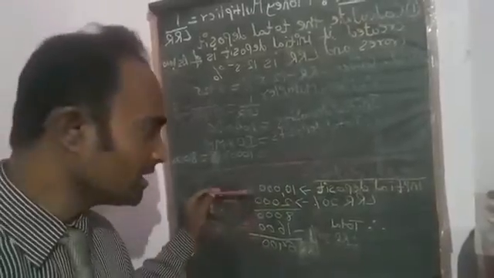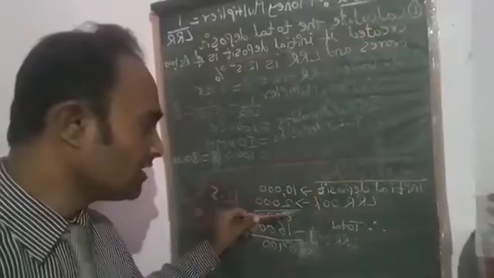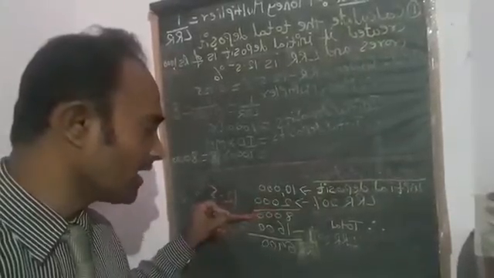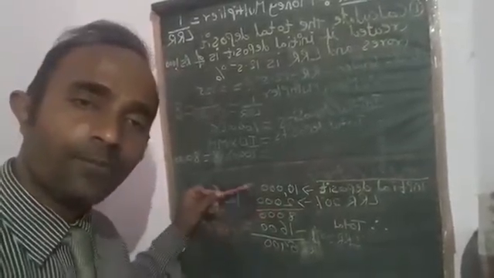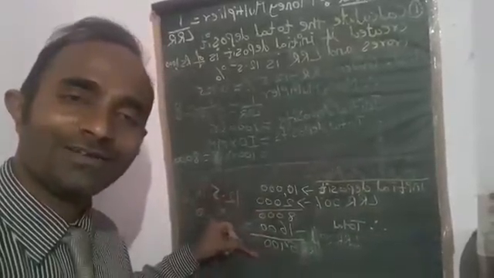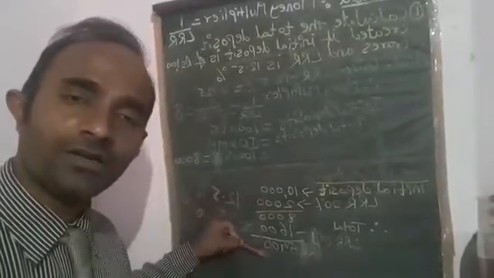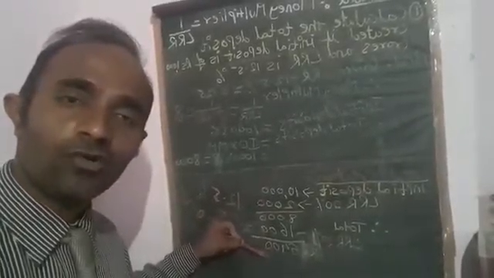So the initial deposit is 10,000, correct? After that initial deposit, how much are you getting? 8,000. So 10,000 plus 8,000 plus 6,400: 18,000 plus 6,400 is 24,400.